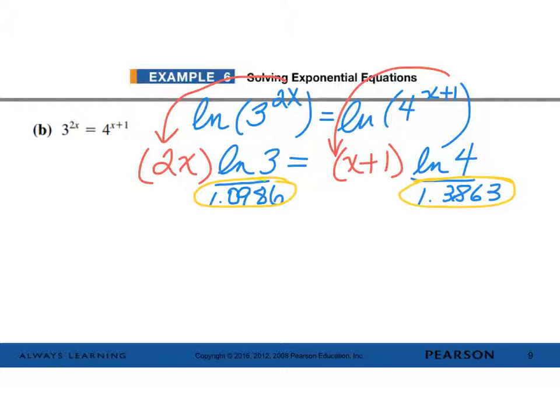So please notice that I'm not dividing by that. I'm actually saying that that's the same thing. So just keep in mind, those are numbers. They're not variables. You only have one variable here, and that is x.